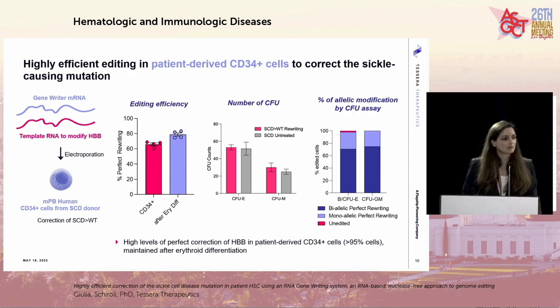Even in this case, we were able to observe high levels of editing efficiency in the CD34 positive cells, which was importantly maintained also after erythroid differentiation of the treated cells. No skewing in the total number or type of colonies was observed upon our treatment, and again, by performing allelic modification count on the single CFUs, we were able to confirm that with our editing technology, we are able to correct almost all the cells.